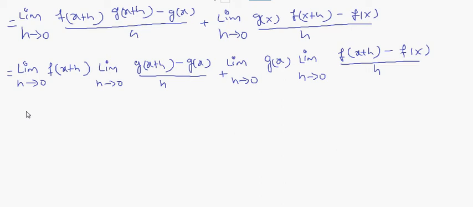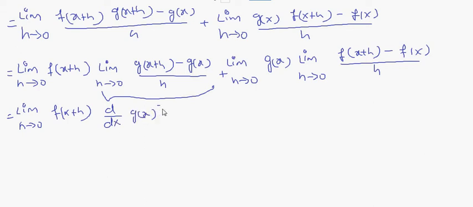Now we know from here, the limit as h approaches 0 of this term is equal to d over dx of g of x, the derivative of g of x.